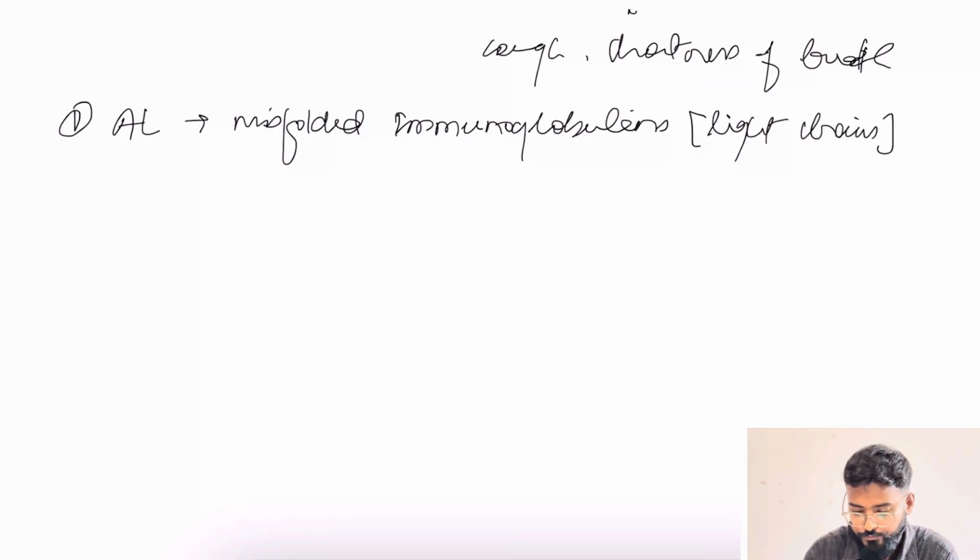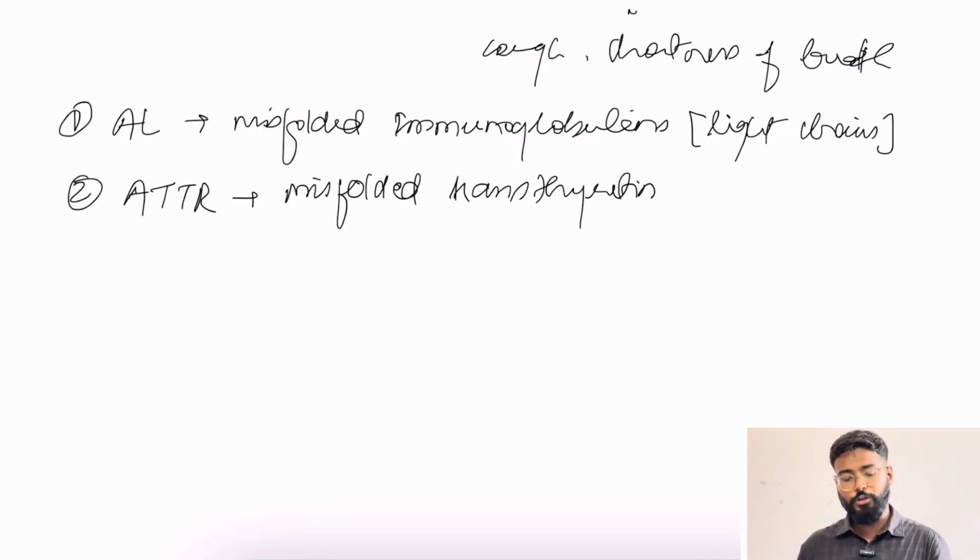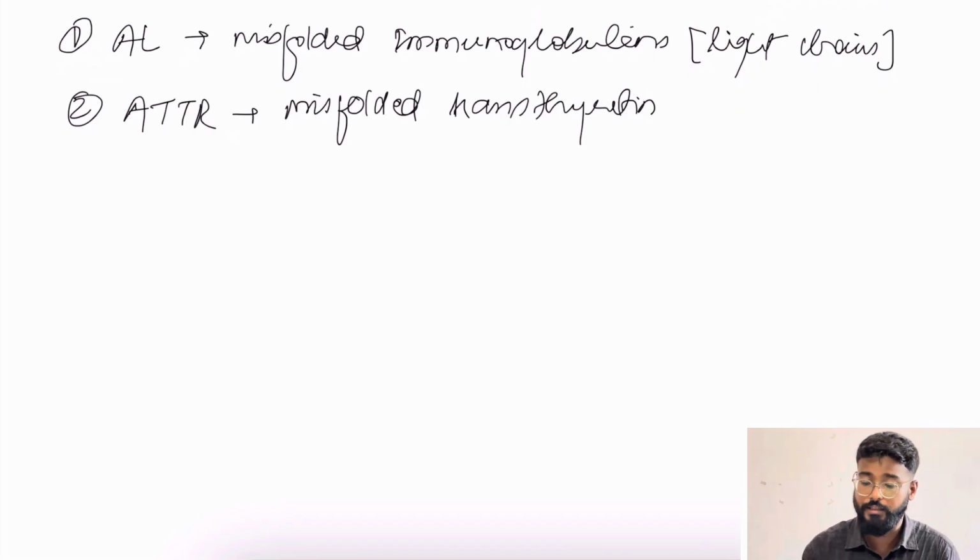Misfolded light chain immunoglobulins are going to cause the deposition of AL type of amyloid protein, and another one is ATTR, that is misfolded transthyretin, which are going to deposit into the ventricles, and which in turn is going to cause the amyloidosis of the heart.